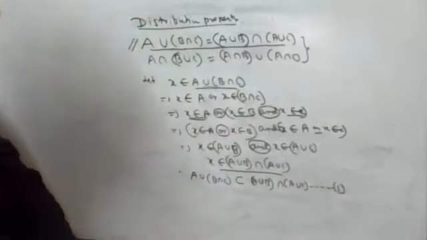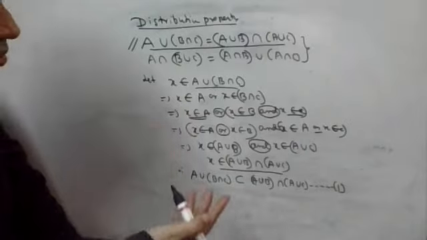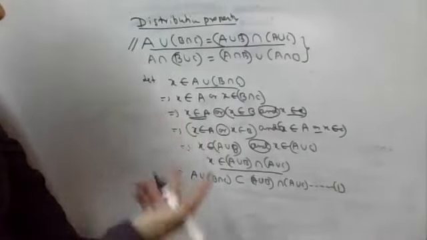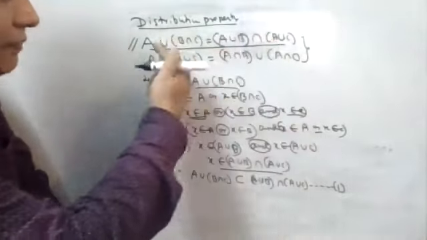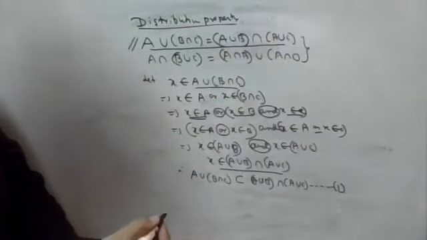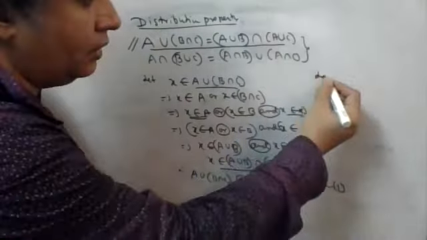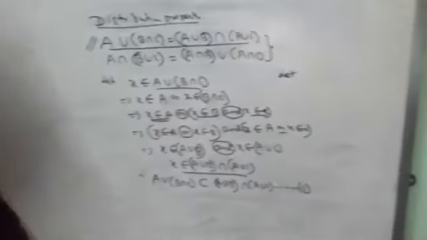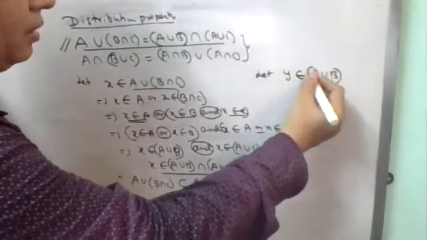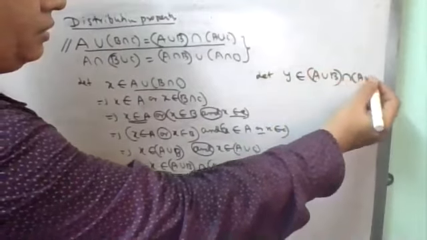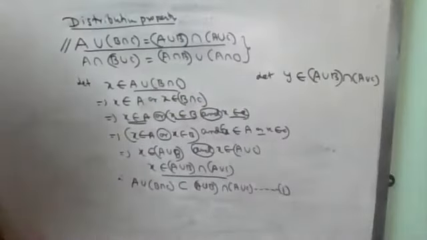This is result 1. Now, the same way I can come from the right hand side to the left hand side. Another element I am choosing. Let Y belongs to (A union B) intersection (A union C).